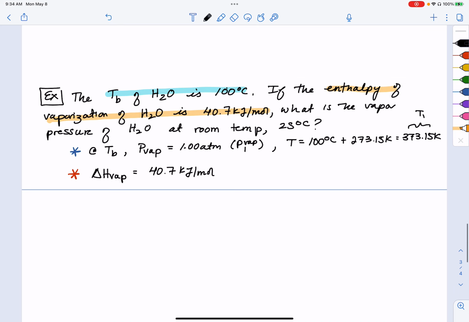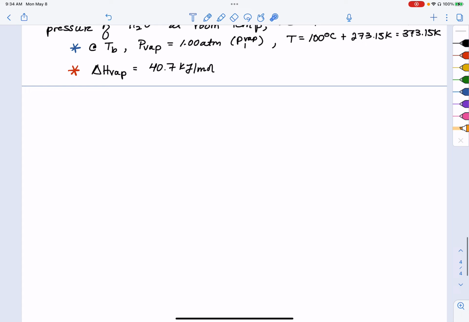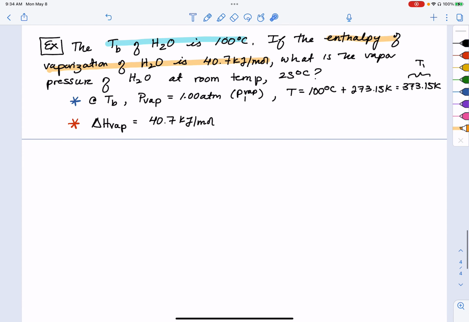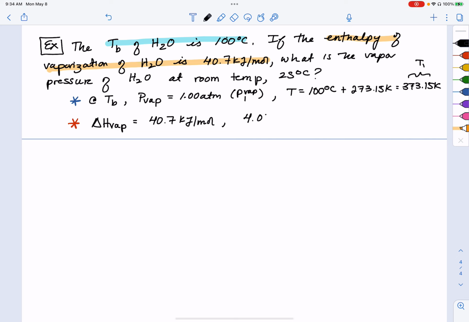Again, the equation depends on R, which is expressed in joules, not kilojoules. So I can't leave this in kilojoules per mole. It needs to be in joules per mole. So I'm going to multiply this by 1,000 and get 4.07 times 10 to the 4 joules per mole.